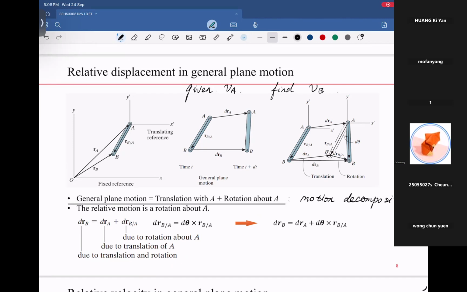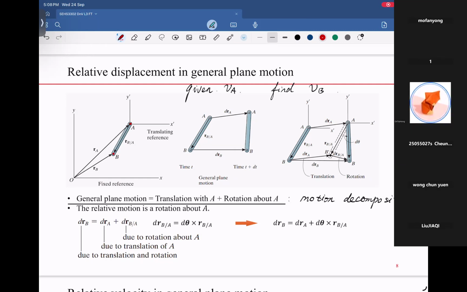Originally there are two critical points, point A and point B. We can use these two points to uniformly determine the position of such a rigid body.